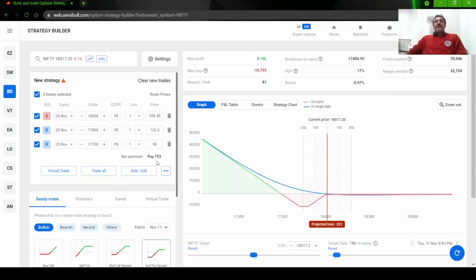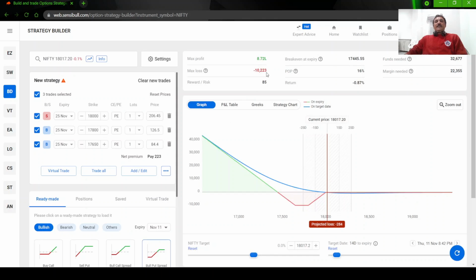We were paying a net debit of 753 rupees. You can see the break even 484, right? And your maximum loss is 10,750, right? If you are widening the strike a little bit between the buy strikes, you can see your loss getting reduced and your break even is getting increased.